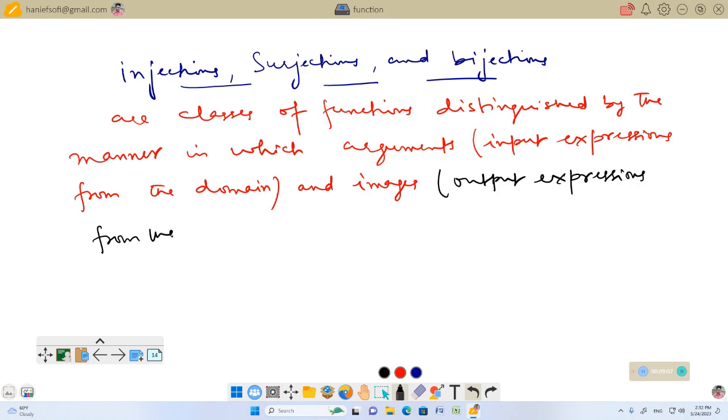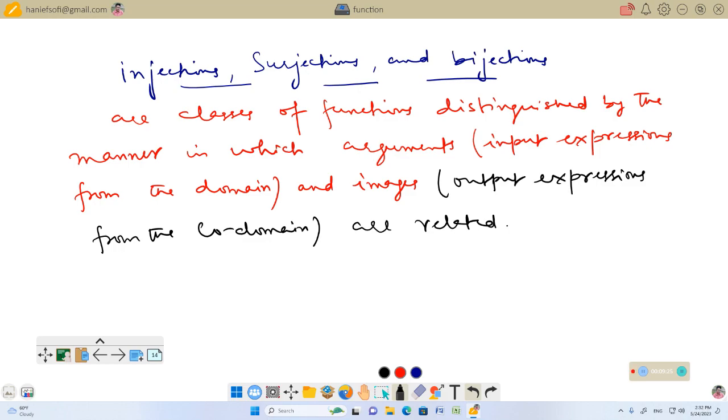They are from the codomain, are related. So we define injections, surjections, and bijections.